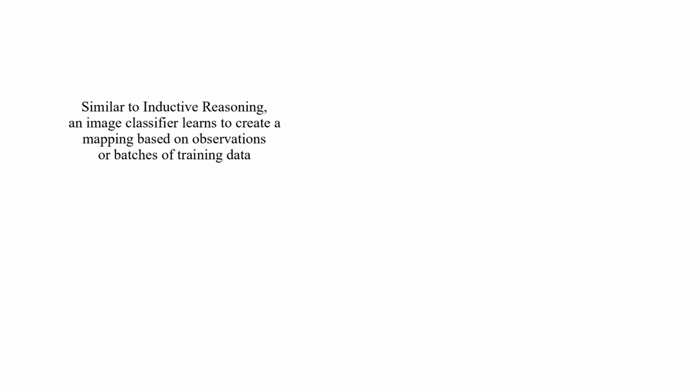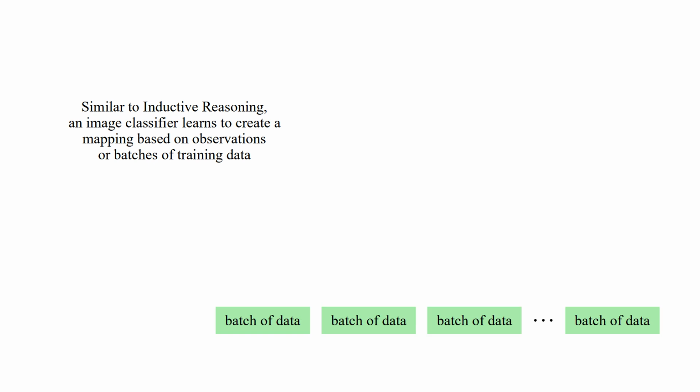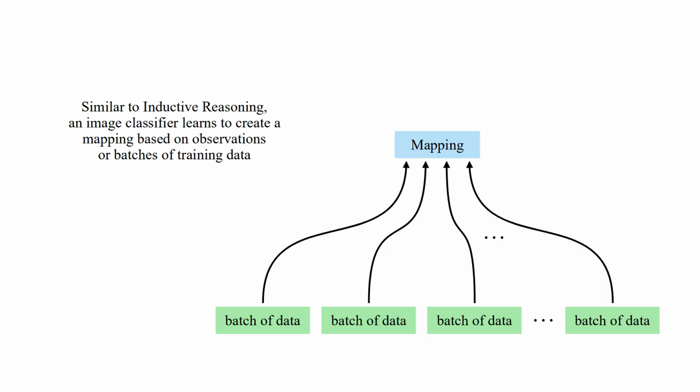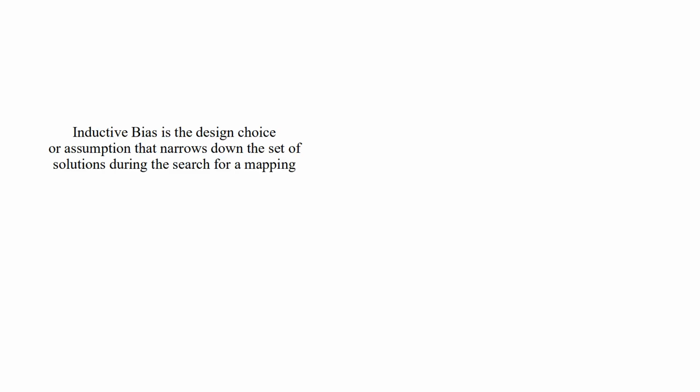Similar to inductive reasoning, an image classifier learns to create a mapping based on observations or batches of training data. Inductive bias is the design choice or assumption that narrows down the set of solutions during the search for a mapping.